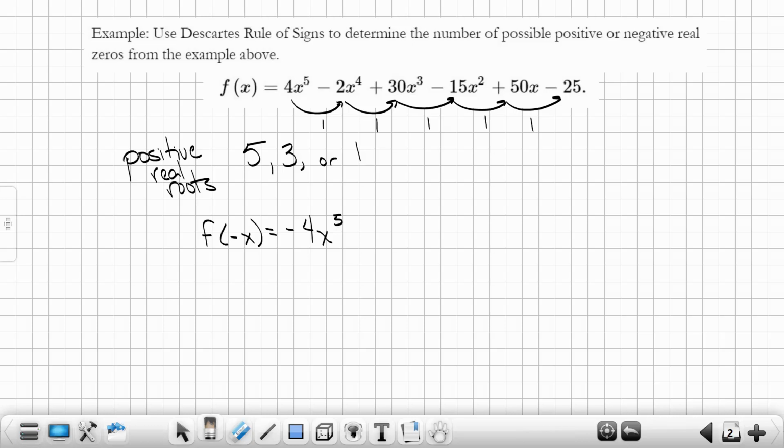Negative 2x to the fourth, that's an even exponent, so it doesn't change signs. 30x cubed, that's an odd exponent, it changes signs. Negative 15x squared, even exponent, doesn't change signs. 50x, odd exponent, changes signs. Negative 25, no exponent, can't change signs.